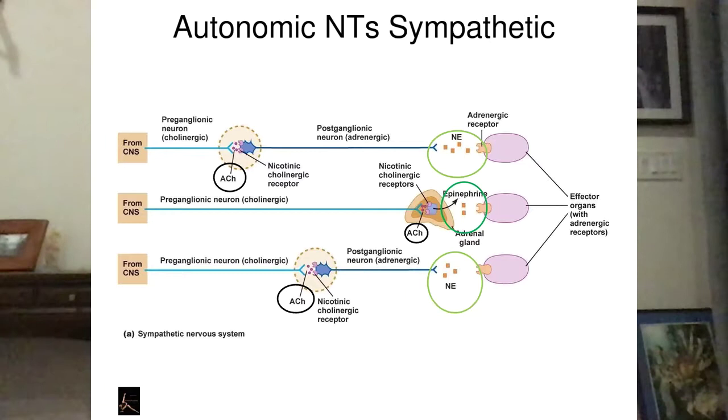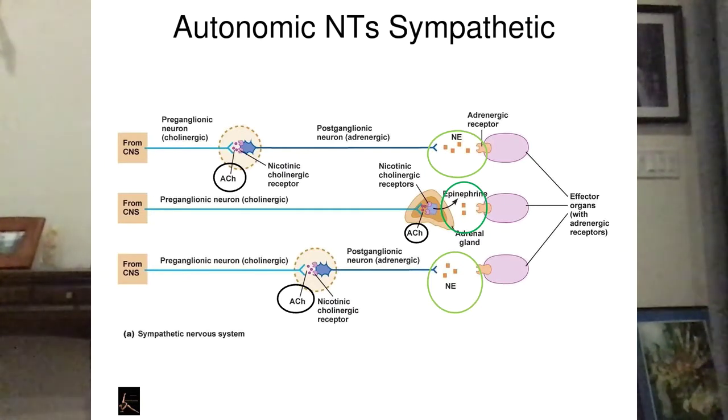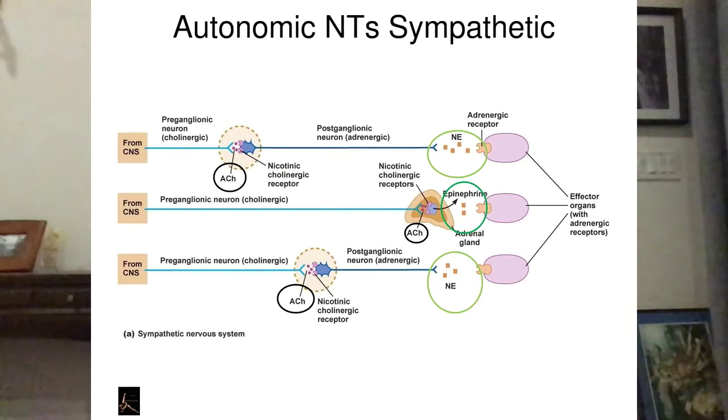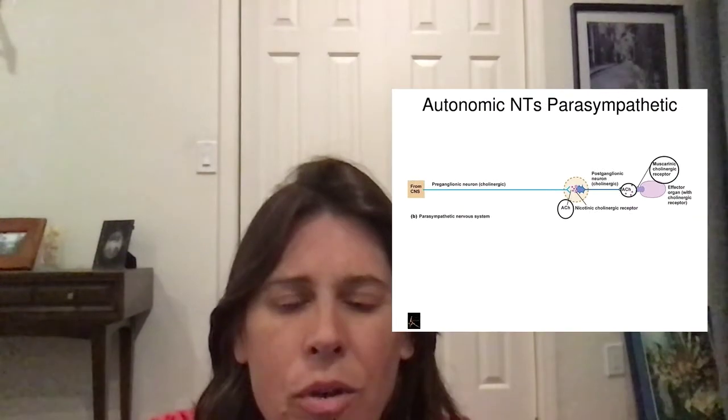And we're going to look at these types of receptors in just a few slides, and we're going to layer on some of these new terms that you're learning here. Okay? And then at the bottom, again, that's showing norepinephrine and an adrenergic neuron as well. Okay, those are all sympathetic.